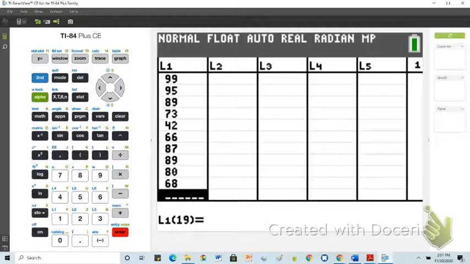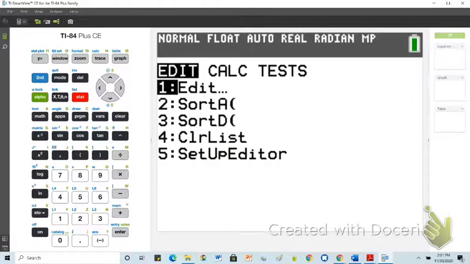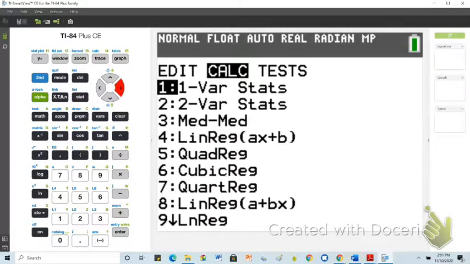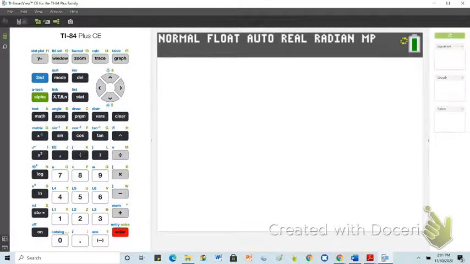So from here, once I get my data typed in, I'm going to go again, second mode to bring me back to my home screen. And I'm going to do my Stat, Calc, one variable statistics.